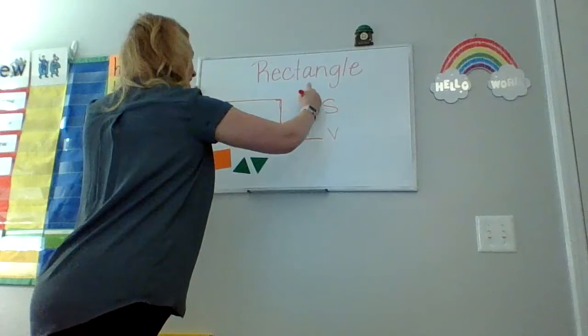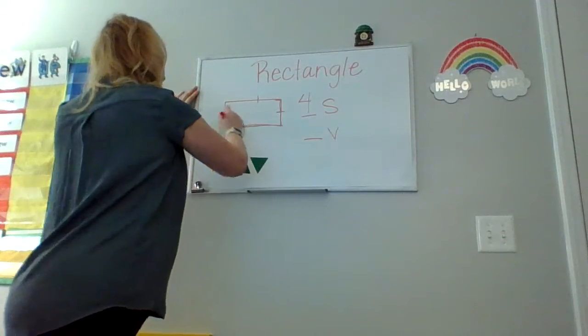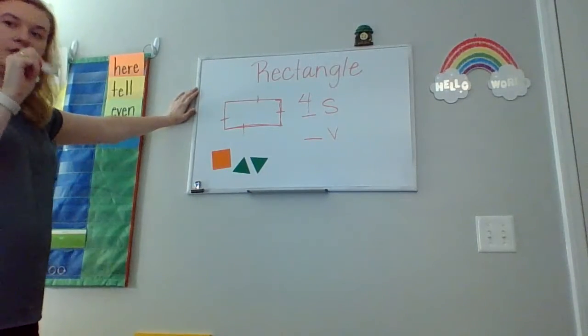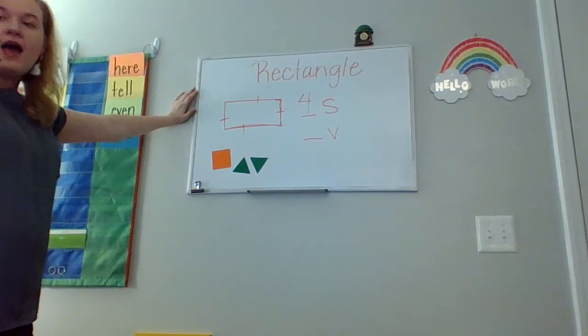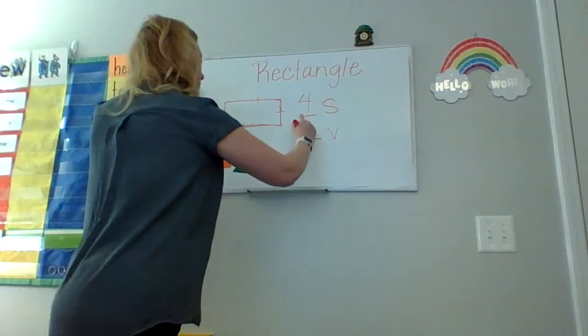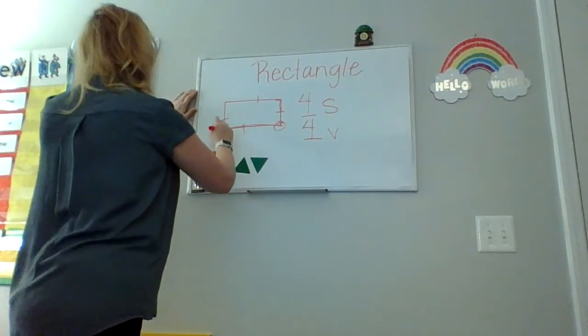Has 4 sides. 1, 2, 3, 4. I saw a lot of you count them by doing those little lines, which is great. How many vertices does a rectangle have? Journey. 4, right. It has 4 vertices or those corners.